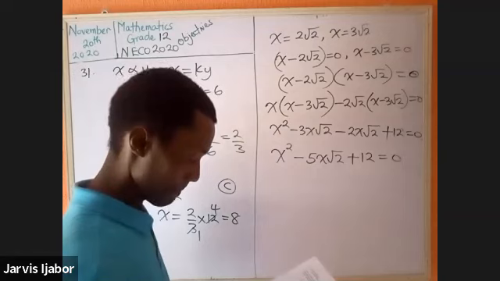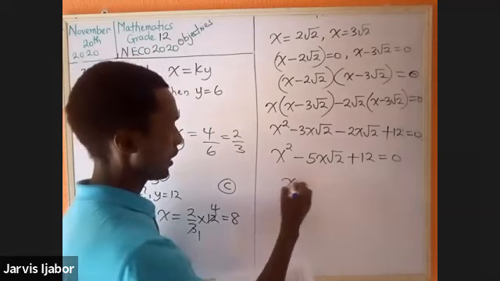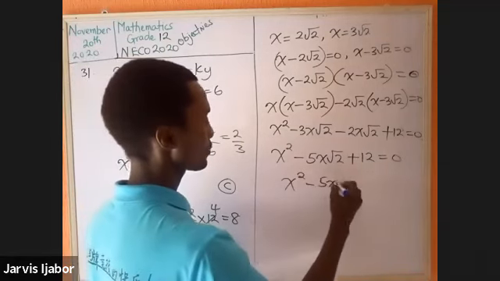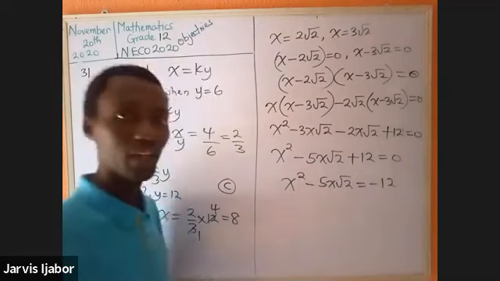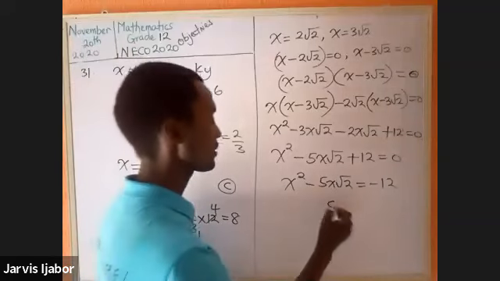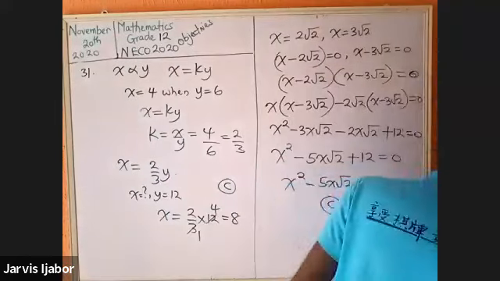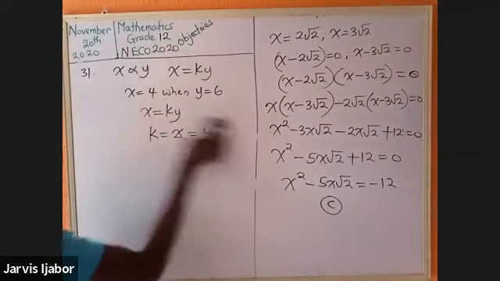So the answer will be C, x squared minus 5x root 2 equal to minus 12. You see the way they have placed the answer now. So if we go by the options we have there, C will be the correct option. So C is the correct answer to that question.